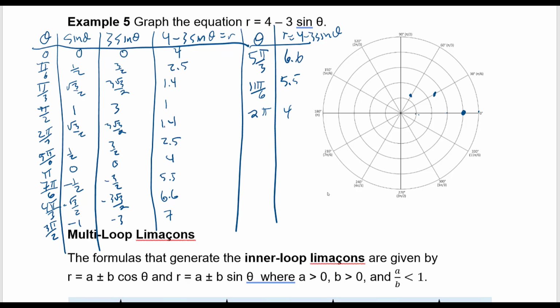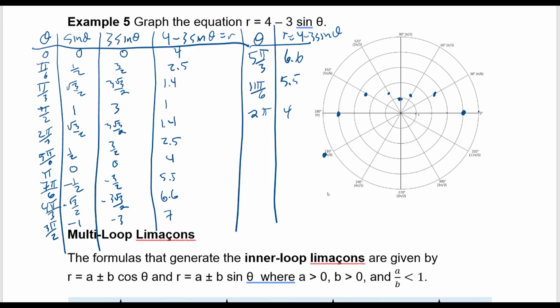And then pi over 2 is at 1. And 2 pi over 3 is at 1.4. And then 5 pi over 6 was at 2.5. And then at pi, we're at 4 again. And then at 7 pi over 6, we're at 5.5. So we're shooting out here now.